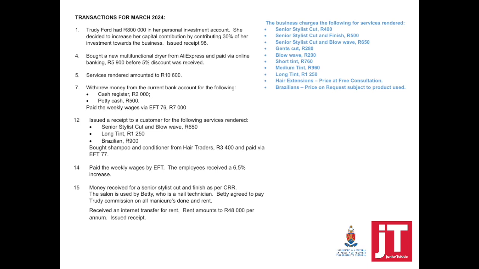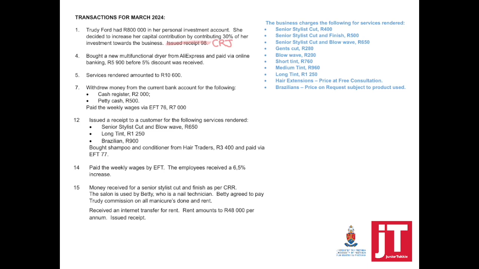On day 1, Trudy Ford had 800,000 in her personal investment account. She decided to increase her capital. So whenever you see increased capital, you should know that goes into your CRJ. And then they also said, issued a receipt. A receipt will always appear in the cash receipts journal.